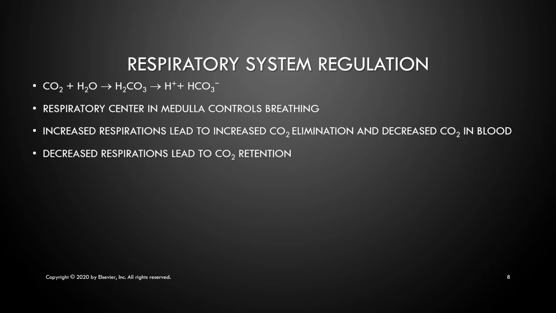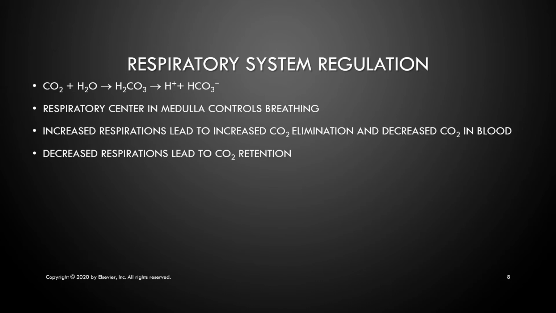And so what that does is it releases that carbon dioxide from our lungs. And remember, because that carbon dioxide, when it was dissolved into the water, was carbonic acid, the increase in the expiration of CO2 is going to decrease the amount of carbonic acid that is in the body.